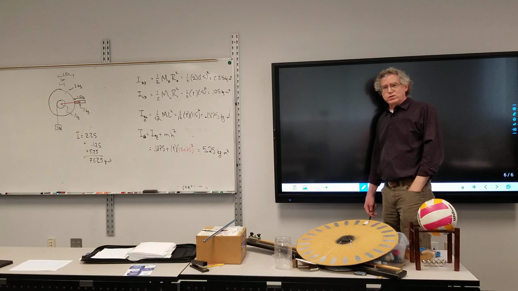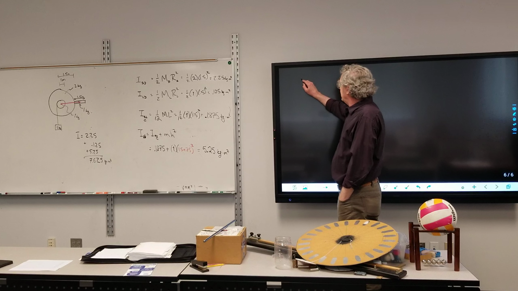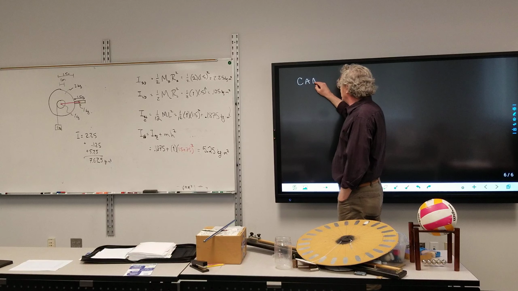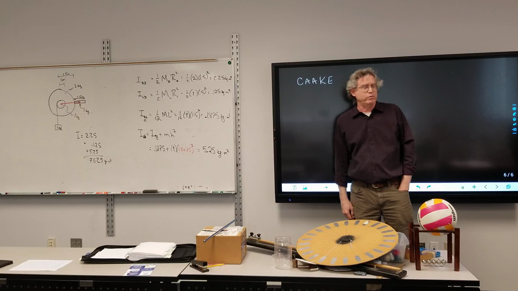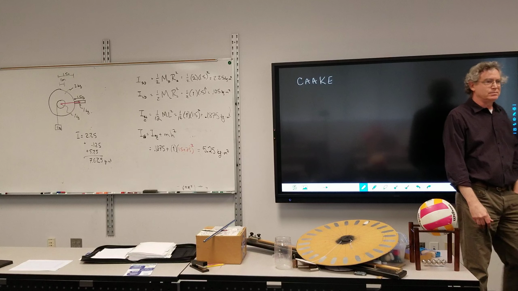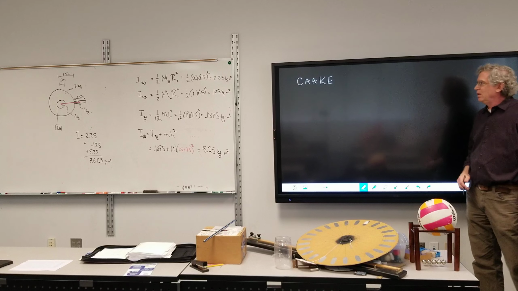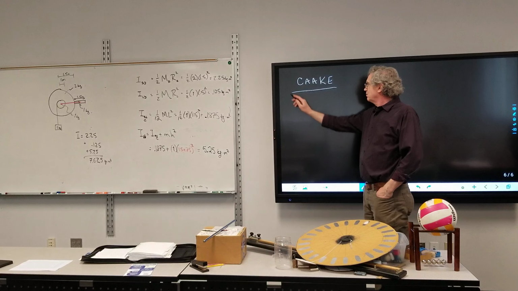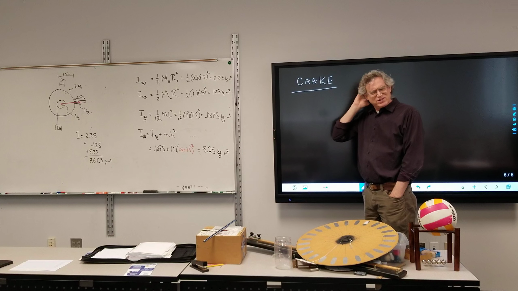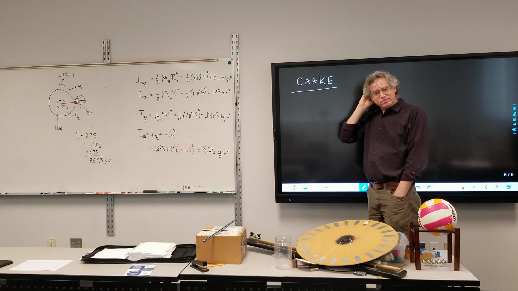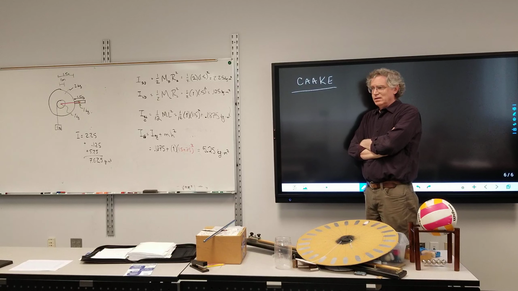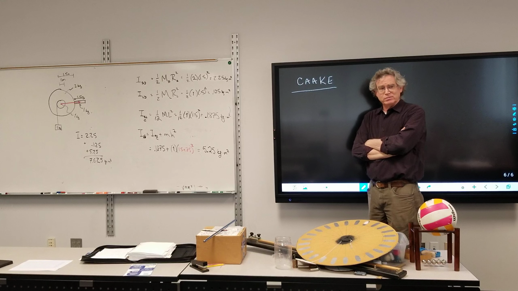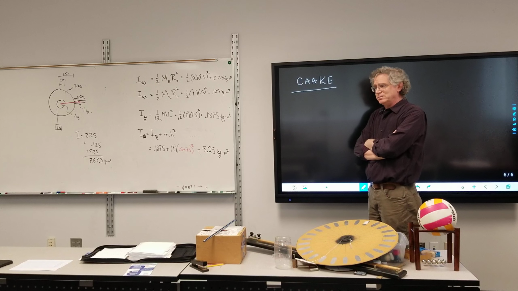We're using the rotational kinematic formulas, the constant angular acceleration kinematic equations. So what are the constant angular acceleration kinematic equations? If you know the regular kinematic formulas, just put the rotational analog in there.